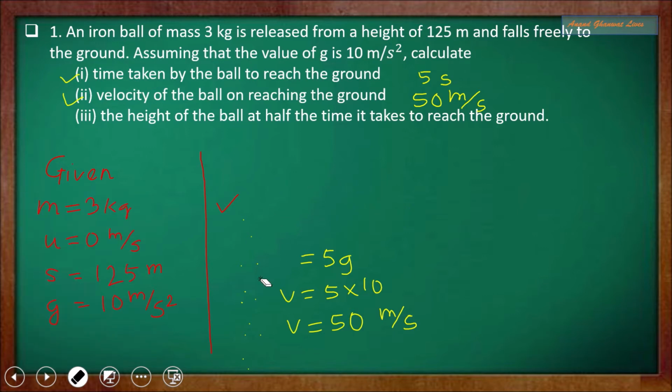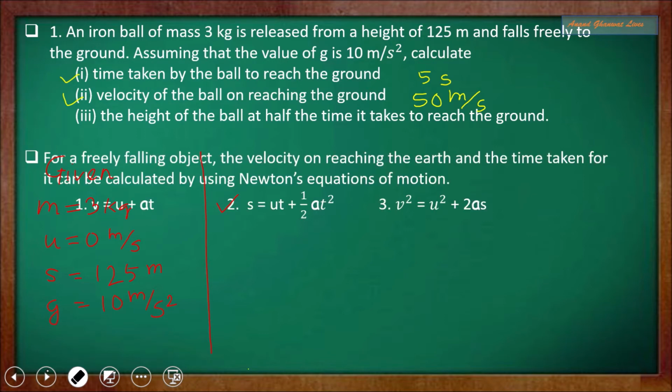Now next we have to find the height of the ball at half the time, means 2.5 second. At 2.5 second, the height of the ball from the ground. So which equation is useful here?